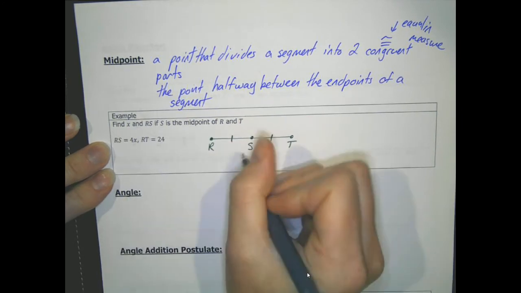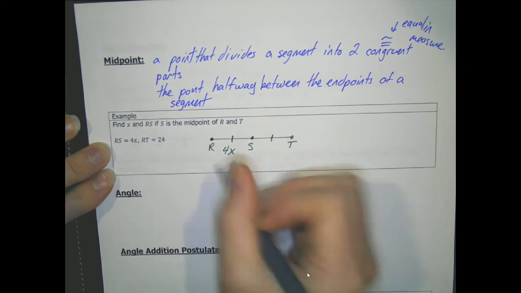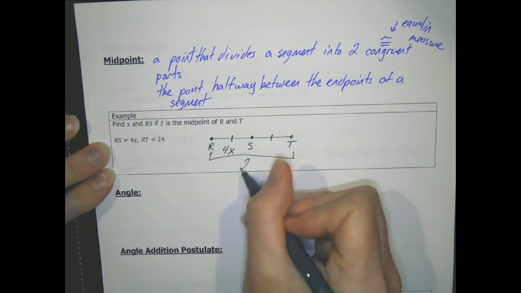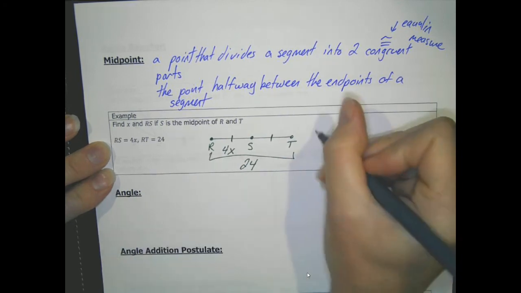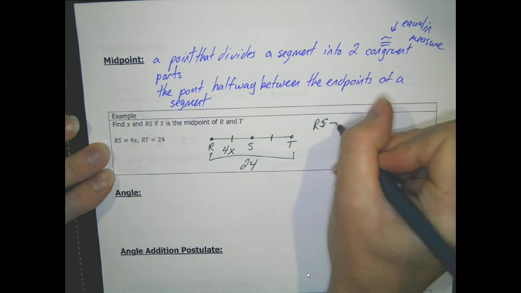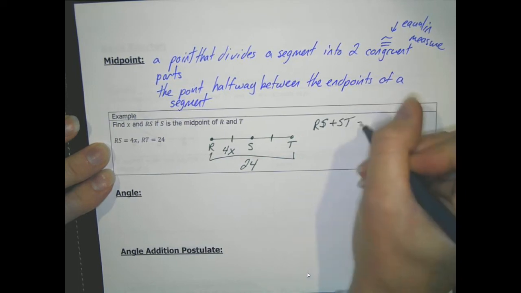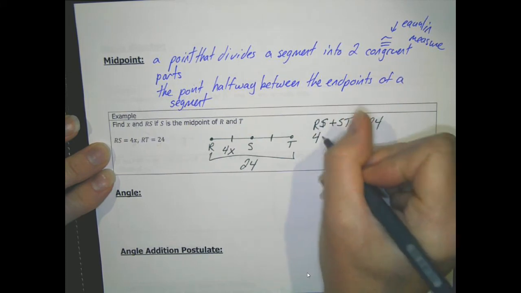It says the distance from R to S is 4x. The distance from R to T is 24. You know part plus part is equal to whole. Okay, same thing. So you know the distance from R to S plus the distance from S to T is equal to 24. I know the distance from R to S is 4x.